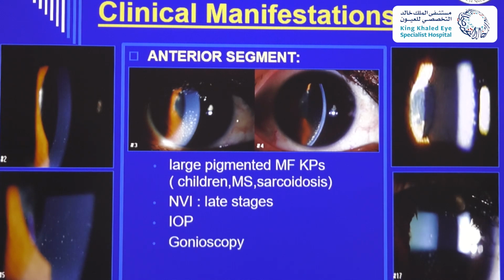Gonioscopy is important in this patient and could reveal peripheral anterior synechiae, iris nodules, angle neovascularization. So it's important in a patient with intermediate uveitis to have gonioscopy at least once. Posterior synechiae, yes, but it is not as common as in anterior uveitis, but it could be. So you cannot say that a patient with posterior synechiae does not have intermediate uveitis.